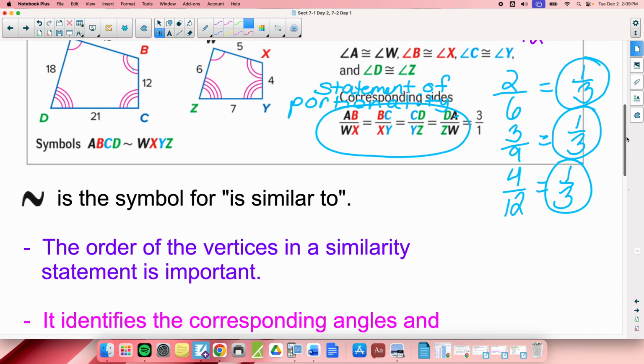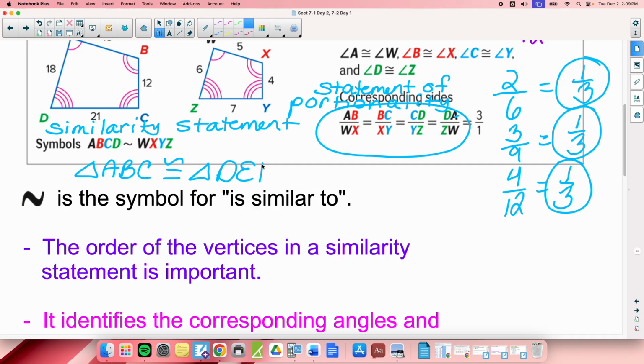Then, the last thing that they will ask you for is called a similarity statement. Okay? And when you do that, do you guys remember in the last chapter writing like triangle ABC is congruent to triangle DEF?